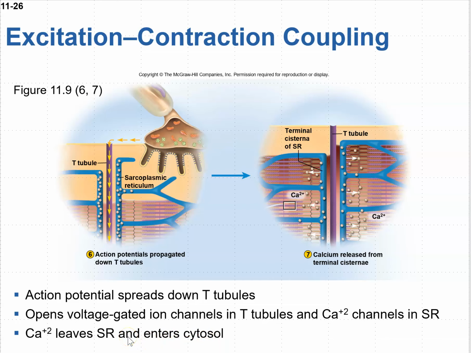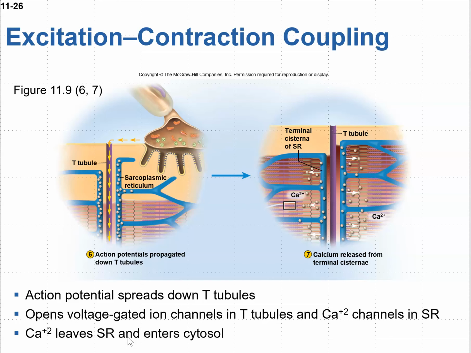Okay, so the action potential that was sent down the nerve terminal causes release of acetylcholine. Acetylcholine binds to the ligand-gated sodium channels, which causes an end plate potential. The quick shift in the end plate potential in turn leads to the activation of voltage-gated sodium channels.